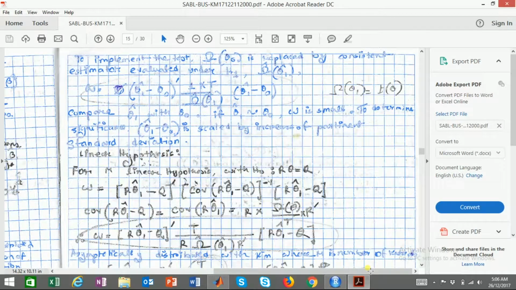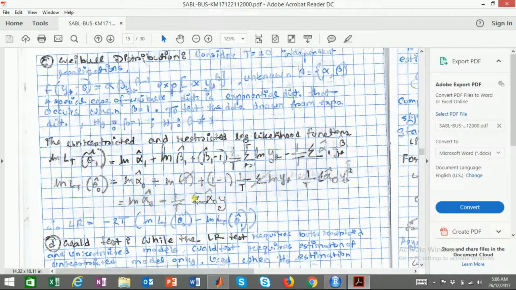Now there are some applications, like the Weibull distribution. As an example, suppose you have t independent realizations and the distribution is alpha beta yt to the power beta minus 1 exponential of minus alpha yt to the beta. This is the Weibull distribution, we are already familiar with that. The parameters are alpha and beta.